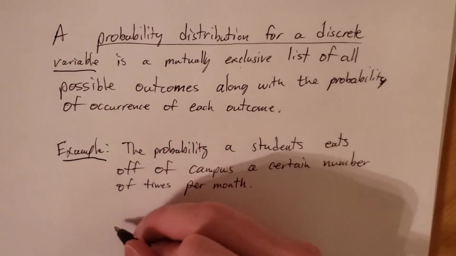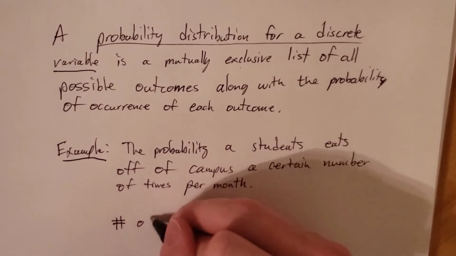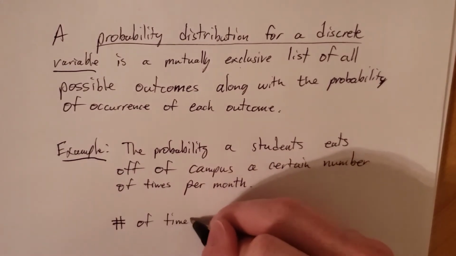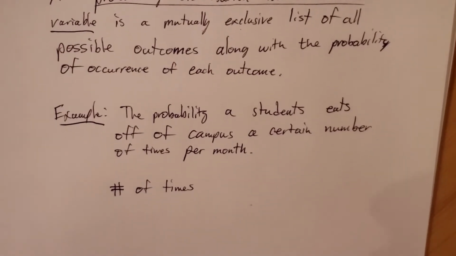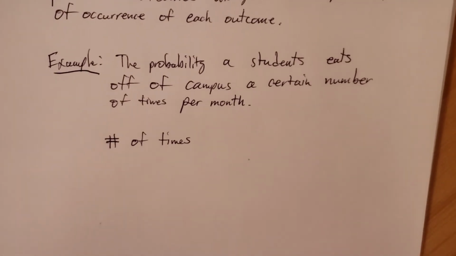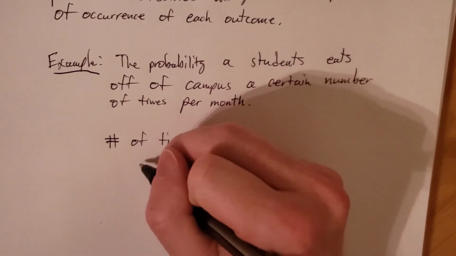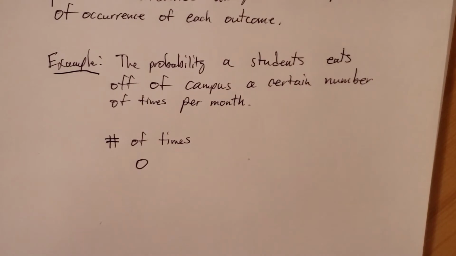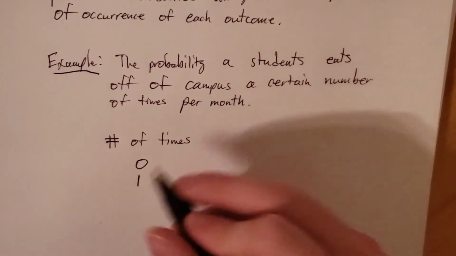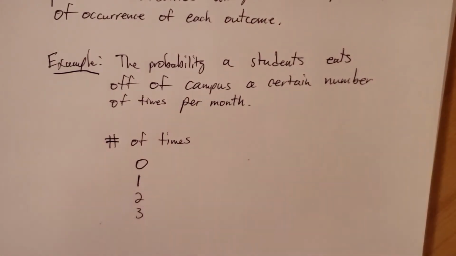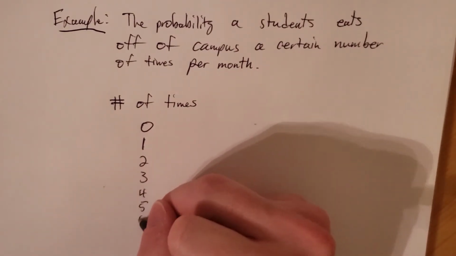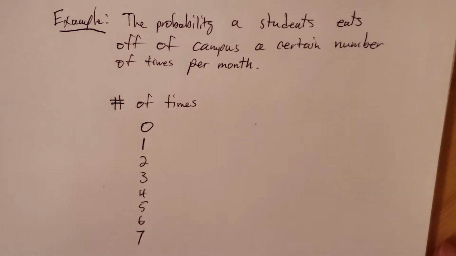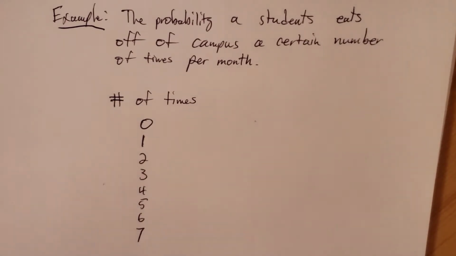The number of times they eat off campus each month will be a list of integers, right? They might eat 0 times, somebody might eat 1 time, 2, 3, and let's just assume that nobody that was surveyed ate more than 7 times off campus each month.